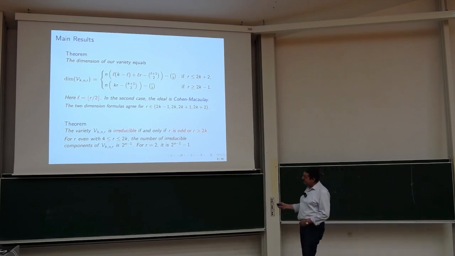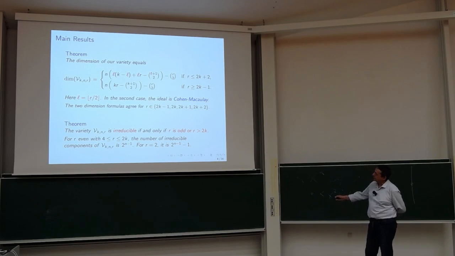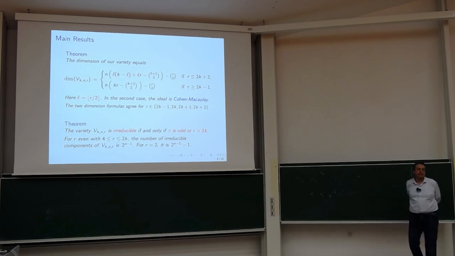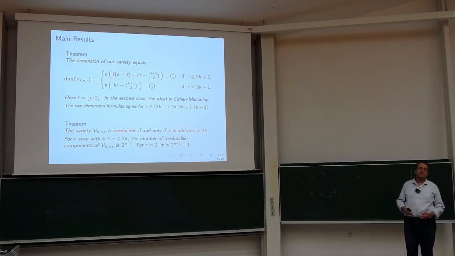So if r is even and between 4 and 2k, then the number of irreducible components, just like in the 1 by 1 block case, is 2 to the n minus 1. But if r is 2, as in the puzzle, then it's 2 to the n minus 1 minus 1. Okay, so those are the algebra statements we have about these symmetric matrices with rank constraints having zeros along the block diagonal.